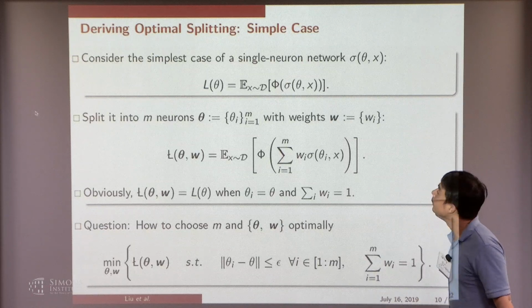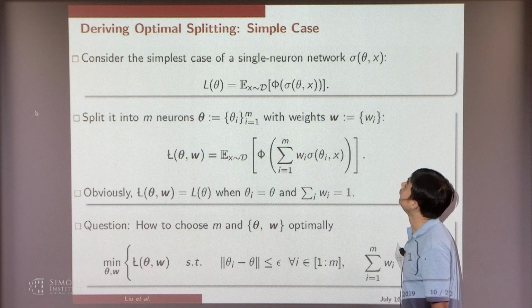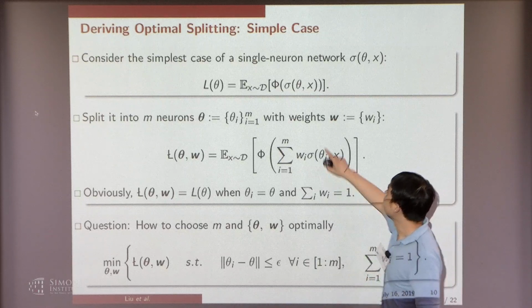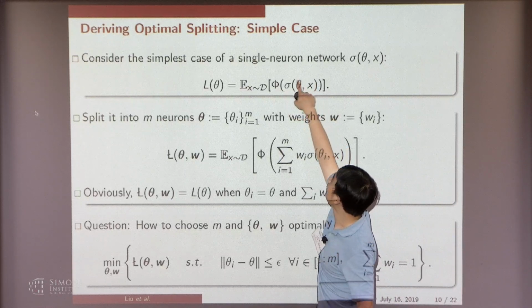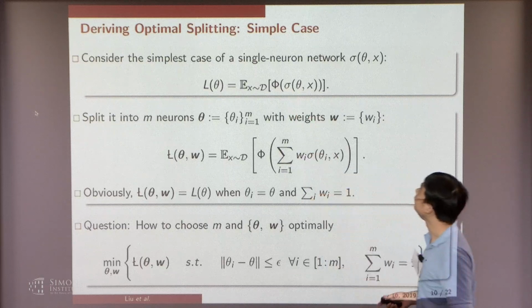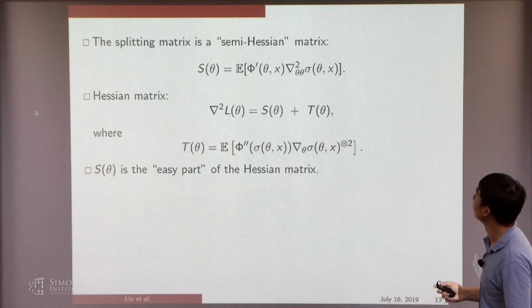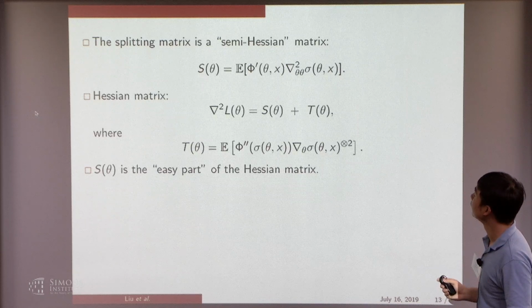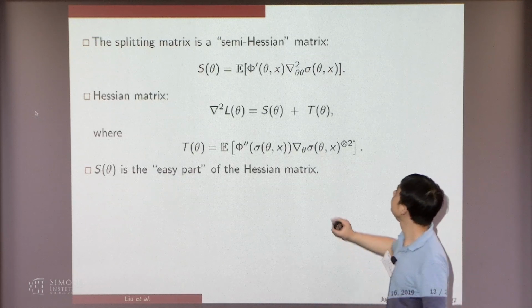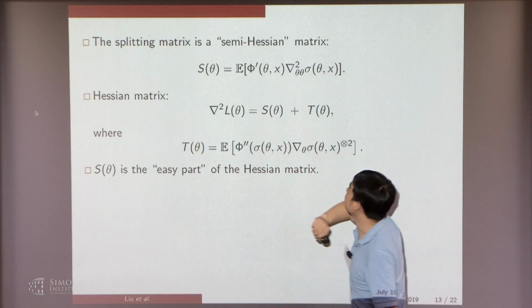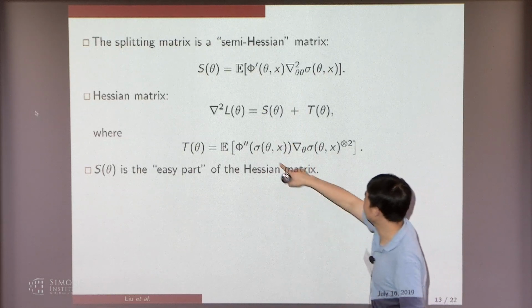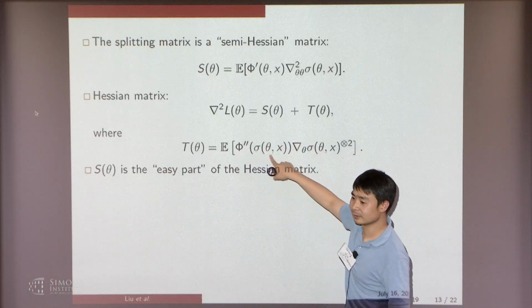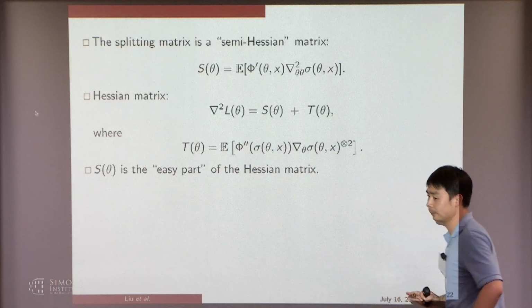So what does phi of theta comma x mean? What's phi prime of theta comma x? Oh, sorry, it's a typo. It should be this way. Again for a single variable. Yeah.